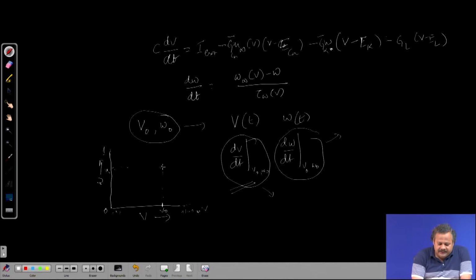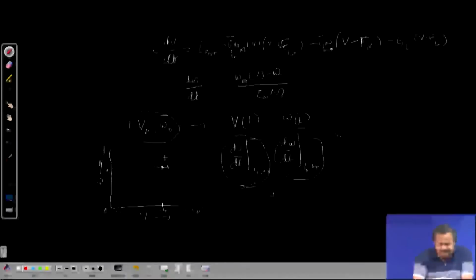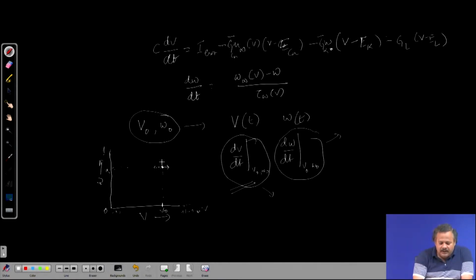That means if the system were here, the system described by these differential equations will try to change the voltage according to dV/dt. So it will point in that direction if it is positive, and in the opposite direction if it is negative. Similarly, we have dW/dt, and the resultant is the direction in which the system will go.